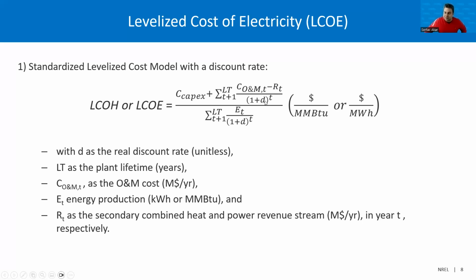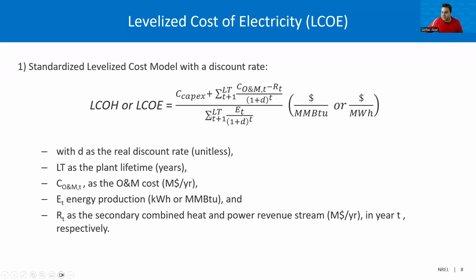of the plant. With D as the discount rate here, the discount rate applied again throughout the lifetime of the project. And the denominator here is the sum of the energy produced, also discounted with the discount rate throughout the lifetime.